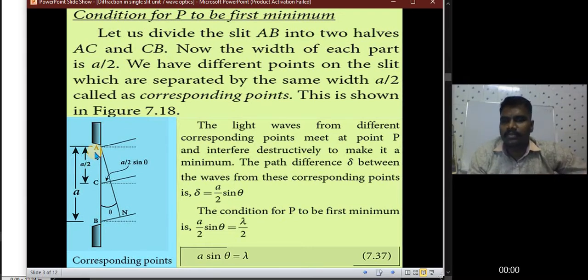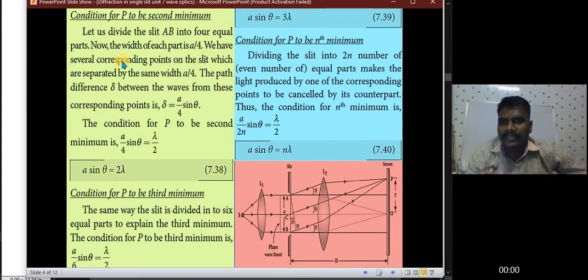Now we have several corresponding points on the slit which are separated by the same width a by 4. The path difference del between the waves from these corresponding points is del equal to a by 4 sin theta, because sin theta is opposite side by hypotenuse. The opposite side is del and the hypotenuse is a by 4. So we get del equal to a by 4 sin theta.